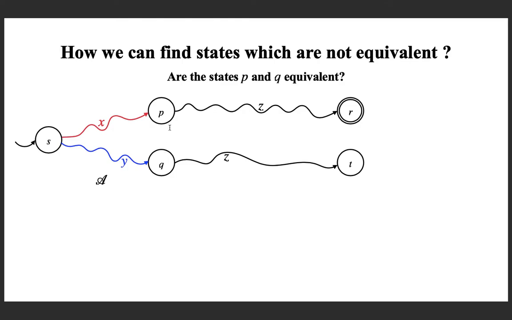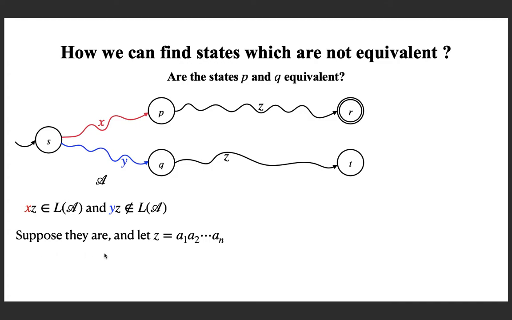So, you cannot apply the previous technique, but you are looking at a string Z and the path for Z from both P and Q. One of them is going to a final state and the other to a non-final state. Now, suppose you look at this machine, you can see that xz is in the language and yz is not in the language.